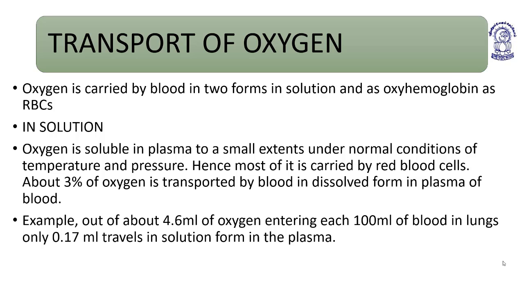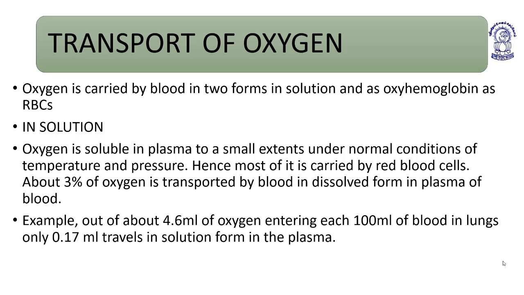As you know, gases diffuse from high pressure to low pressure. The pressure of the gas is a very important factor in diffusing through the biological membranes or the alveolar epithelium. Oxygen is transported mainly through hemoglobin.